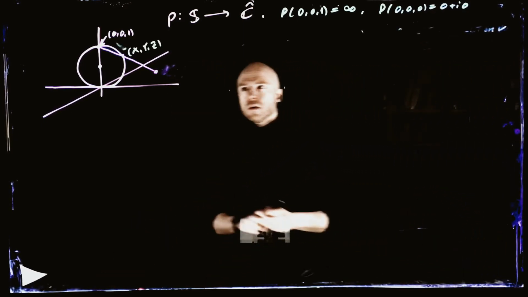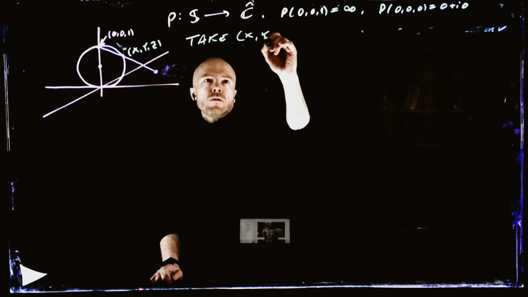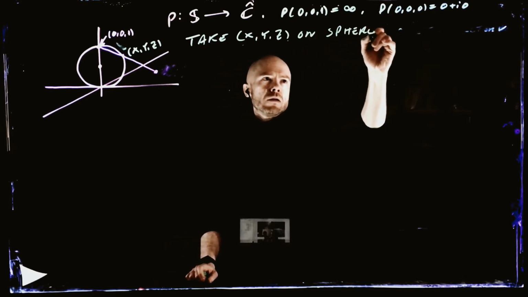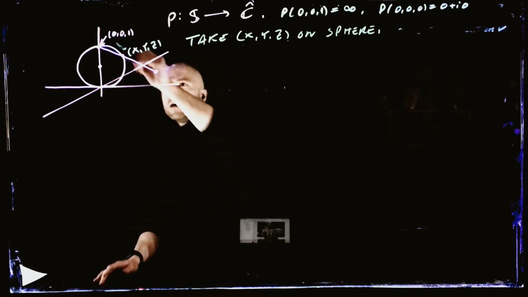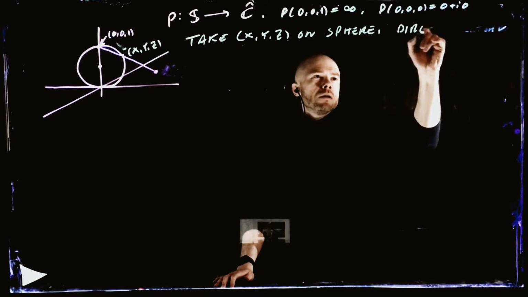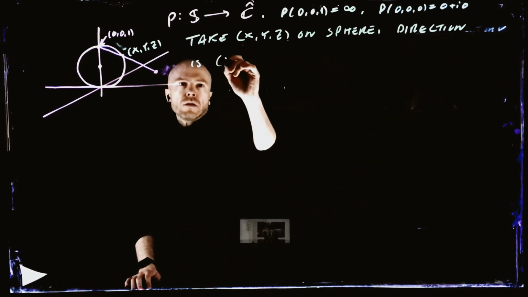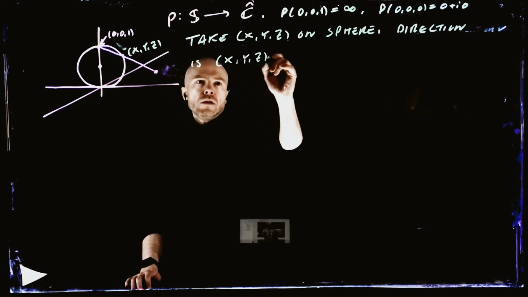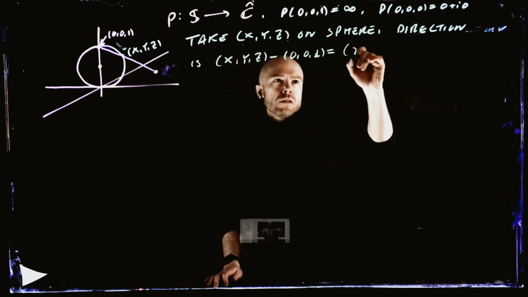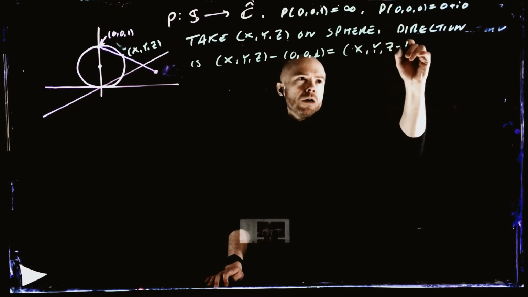So take x, y, z on the sphere. The direction we are going in is x, y, z minus 0, 0, 1, which is x, y, z minus 1.